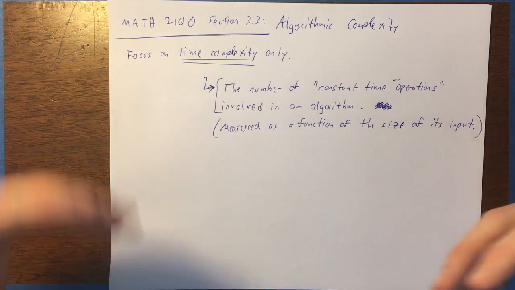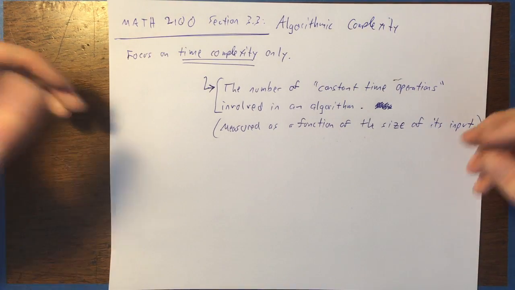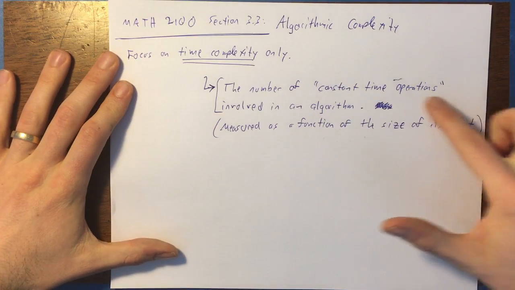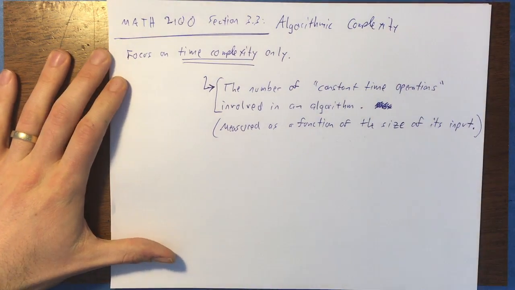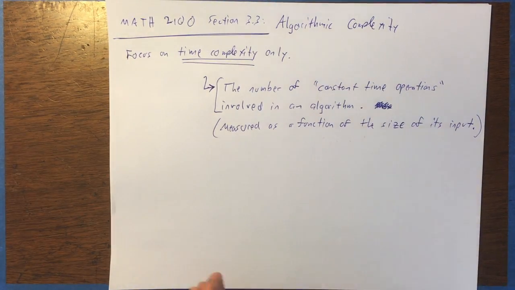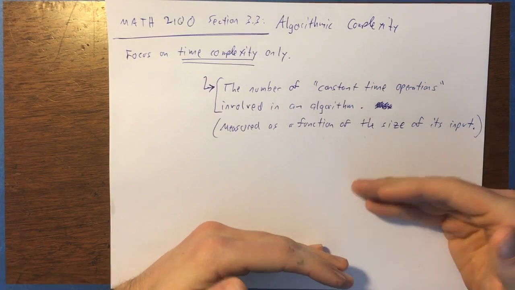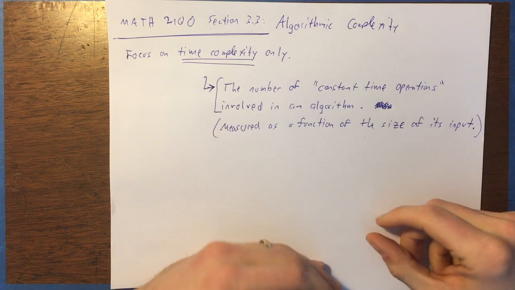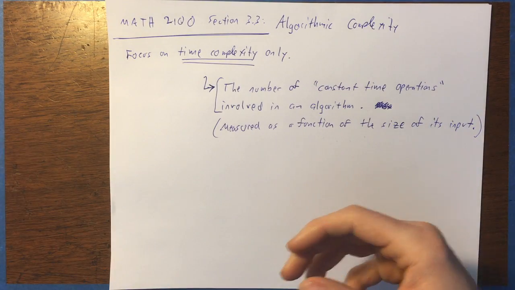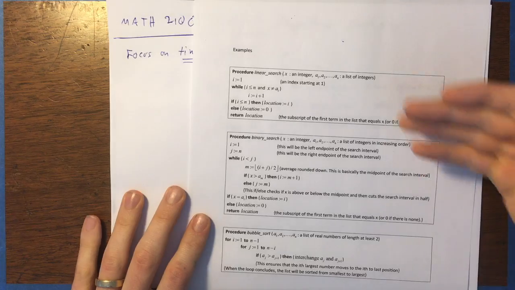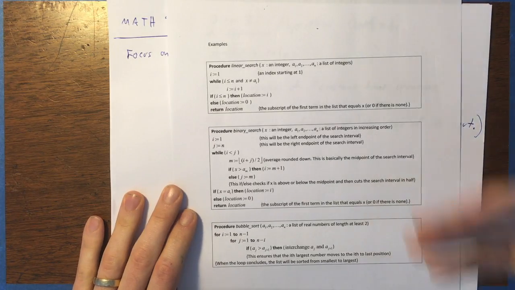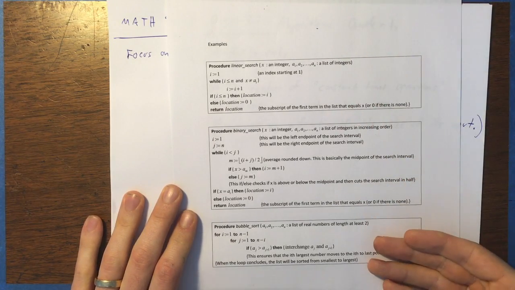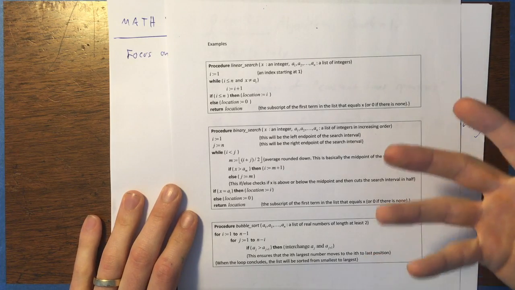So the way we generally measure algorithmic complexity is by counting the number of what are called constant time operations. Those are operations whose time doesn't increase as you increase the size of the input to the algorithm. A lot of the algorithms we're working with deal with lists, so we're going to use the length of the list, usually represented by an integer n, as the size of our input.